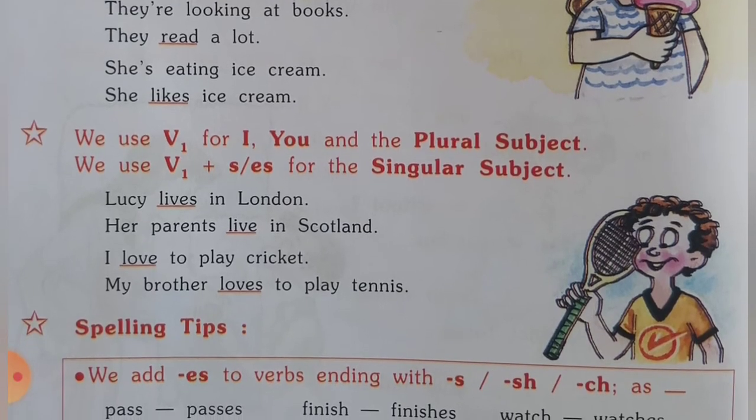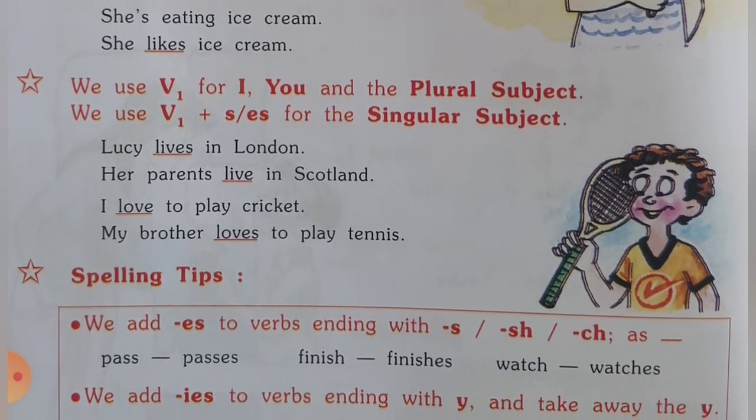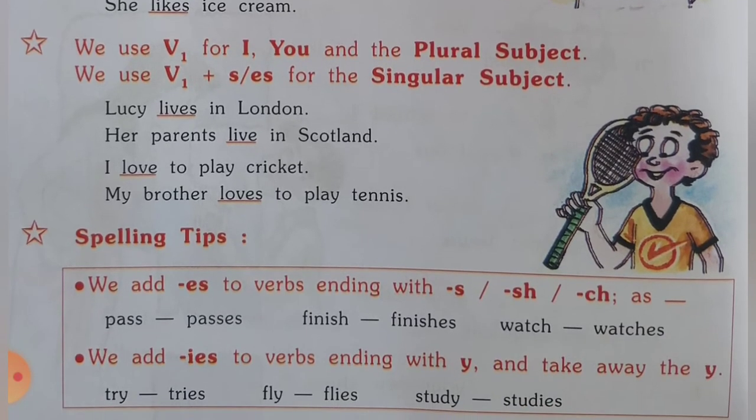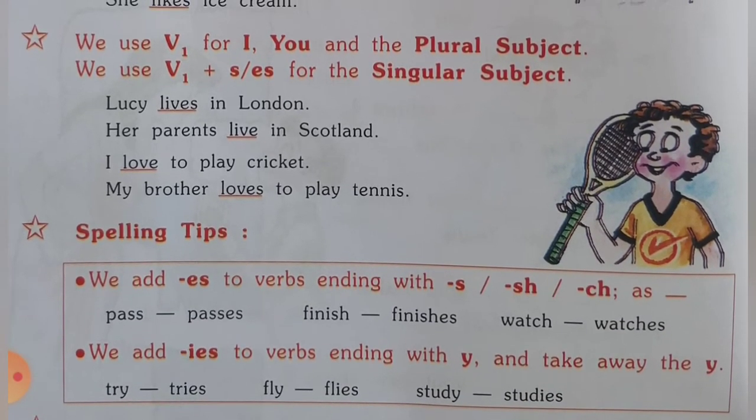Some tips are used for spelling. We add es to verbs ending with s, sh, ch, like pass. Here the verb ends in s, so we add es, that makes passes.